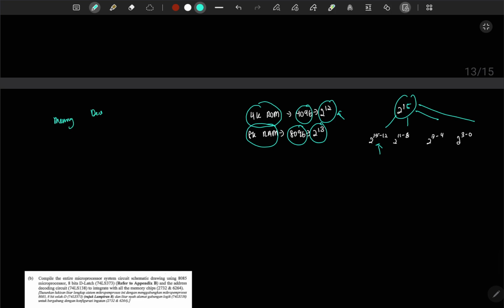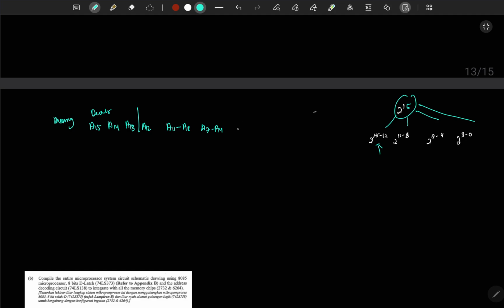Memory, then decoder, so we take A15, A14, A13, then we have A12, then A11 till A8, A7 till A4, and A3 till A0. Then we have our hex. So this is the decoder, and this is the input to memory address.